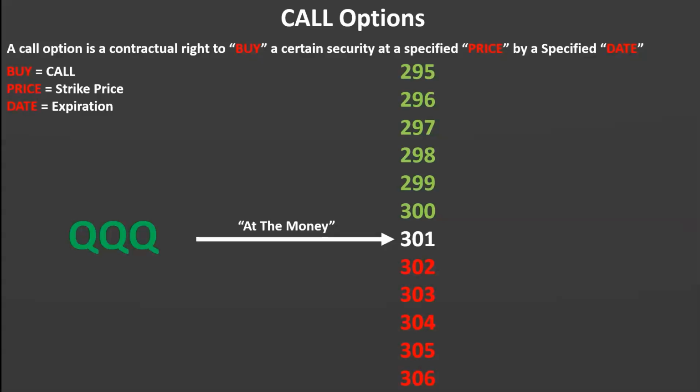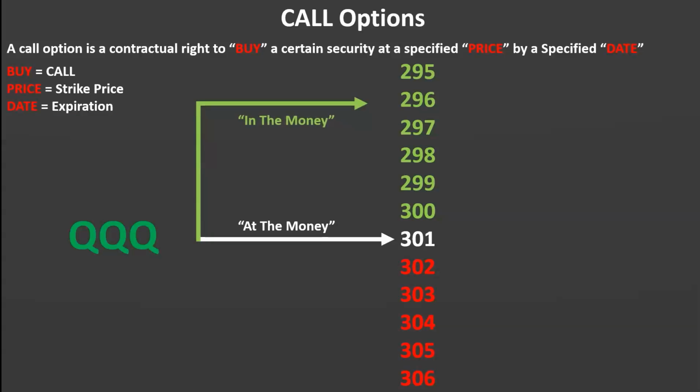So if you hear me refer to the at the money call, I am talking about the strike price that is most closely associated with where the stock price is right now. All right. So if QQQ is trading at $301.10, 302 would not be the at the money. 300 would not be the at the money. 299 would not be at the money. At the money would be 301 because it's only 10 cents away from the actual stock price.